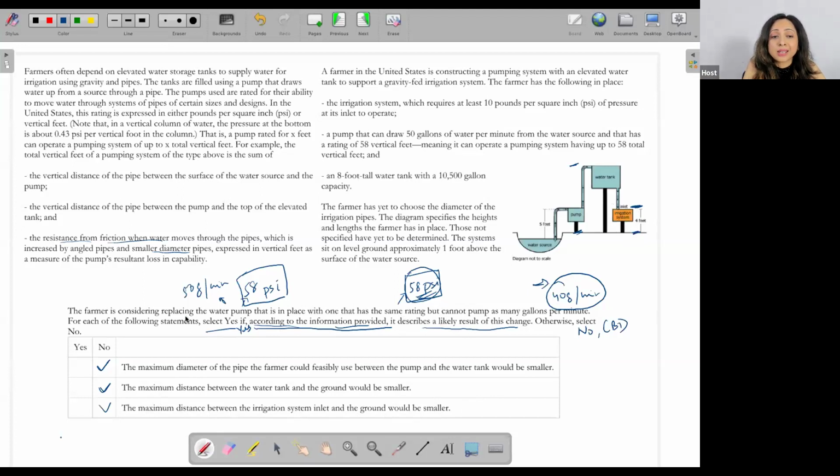Of course, as I've said in the previous two statements, there could be a role played in this 50 gallons per minute, which goes down to 40 gallons per minute. But how it is related has not been given to me, so I cannot figure that out from the data that is given to me.